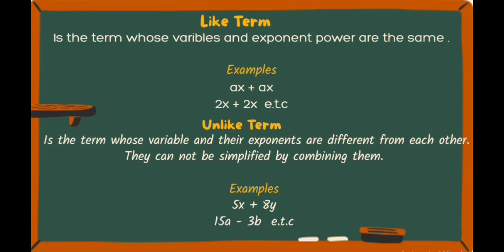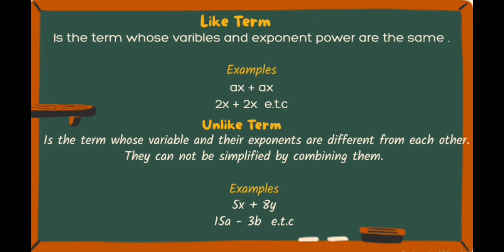If you want to add them together, you have 2 in brackets ax. If you want to open the bracket, you have ax plus ax, 2 different ax. That is like terms, and you can add them together. You can also have 2x plus 2x. That will give you 4x. That is like terms.